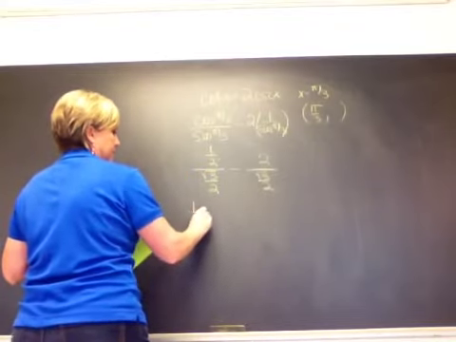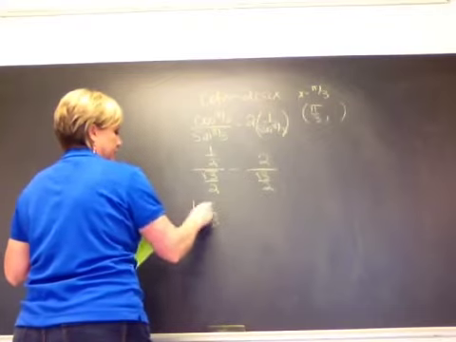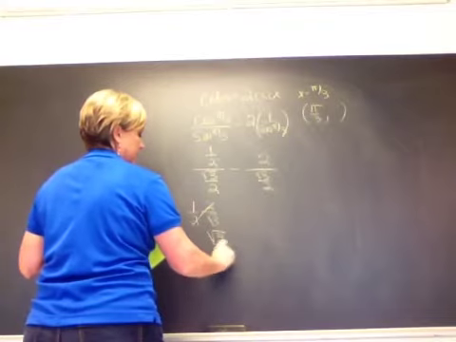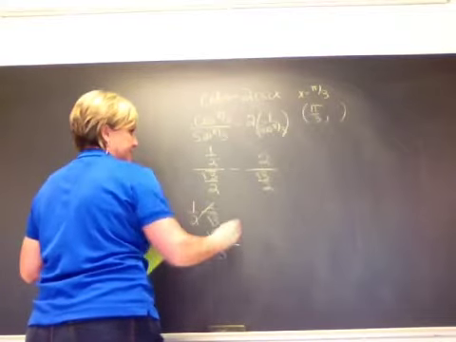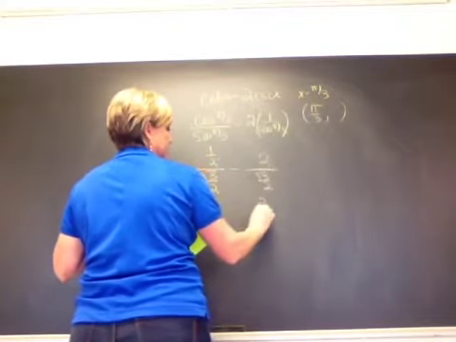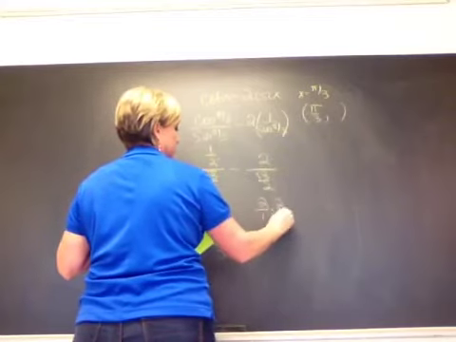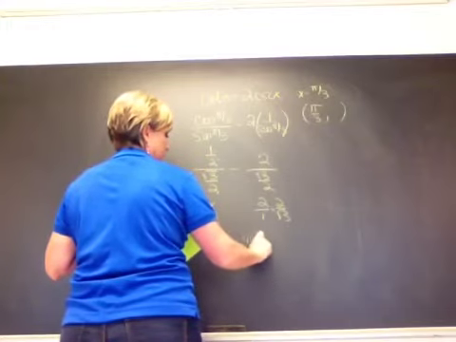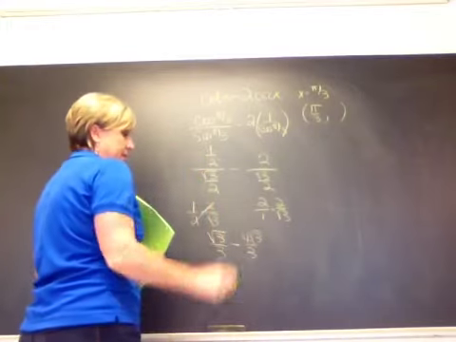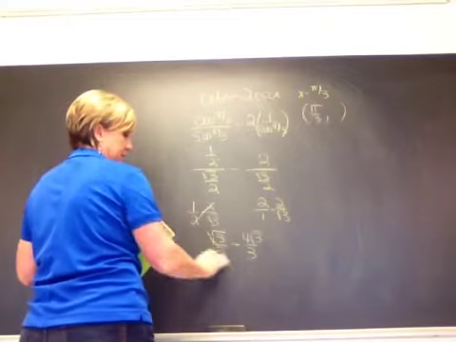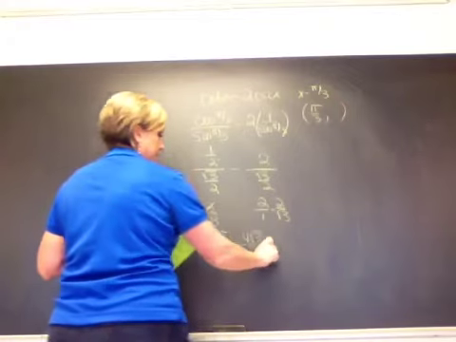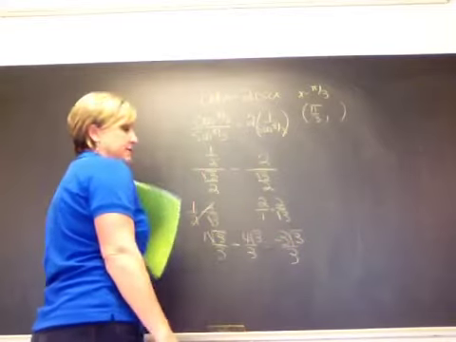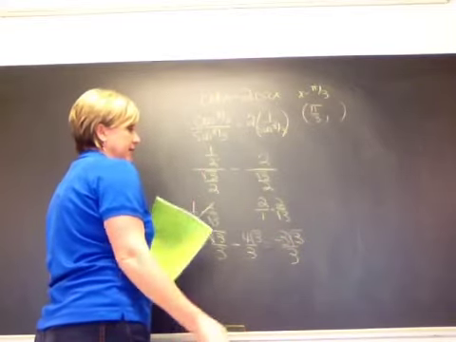So that is 1/2 times 2 over square root of 3, which gives you 1 over square root of 3, which is square root of 3 over 3, minus, this would be 2 over 1 times 2 over square root of 3, which is 4 over square root of 3, which is 4 square root of 3 over 3. They have common denominators, so you can combine those, and that gives you negative 3 square root of 3 over 3, so your y is negative square root of 3, if I did not goof up.